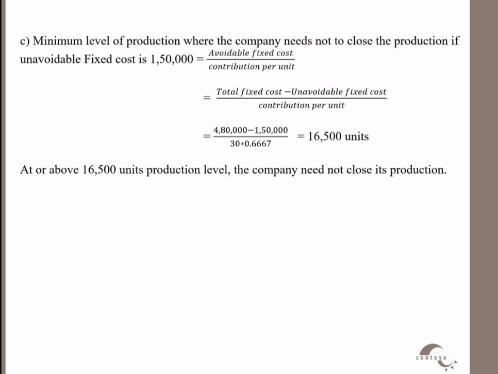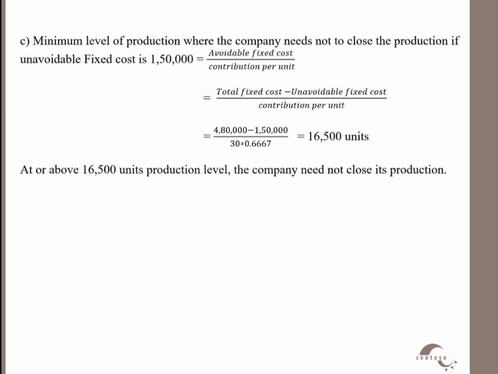Then the third question is the minimum level of production where the company need not close the production if unavoidable fixed cost is 1,50,000. The formula is avoidable fixed cost divided by contribution per unit. The avoidable fixed cost can be calculated as total fixed cost minus unavoidable fixed cost.